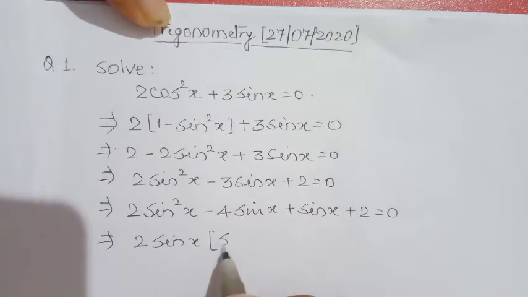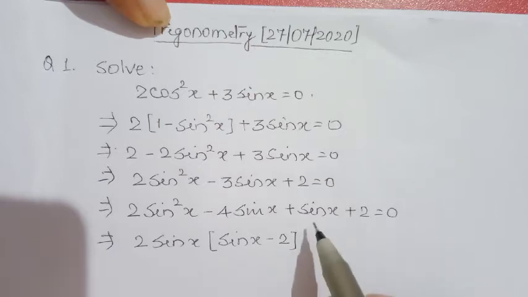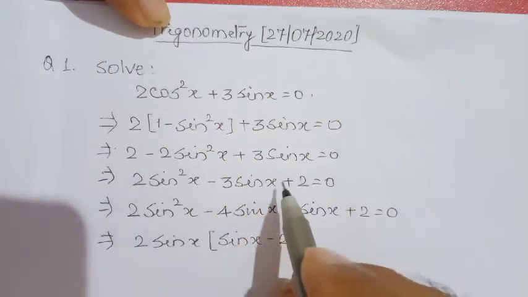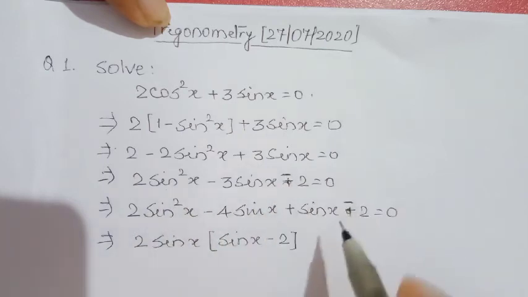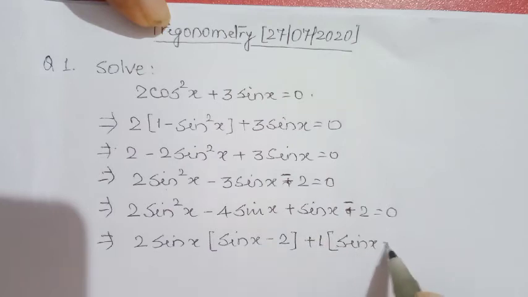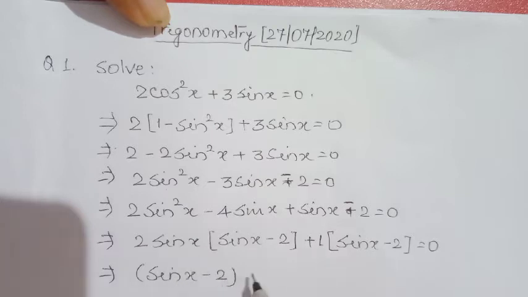So it is sin x minus 2, and this 2 becomes negative after multiplying by minus 1, plus 1 should be taken as common. Sin x minus 2 is equal to 0. Further, we have sin x minus 2 into 2 sin x plus 1 equal to 0.